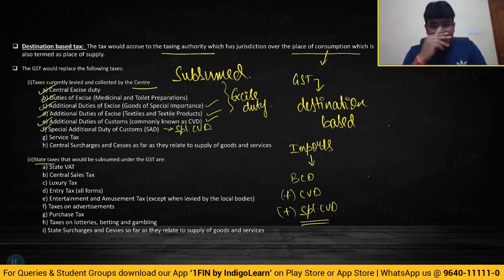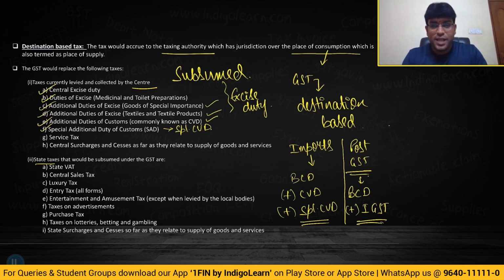Clear? Now, coming back to discussion. Prior to GST law, in case of imports, we used to charge BCD plus CVD plus special CVD. But after GST has come to India, the effect is straight and simple. Government is straight away charging BCD plus IGST, wherein BCD stands for Basic Customs Duty, IGST stands for Integrated GST.